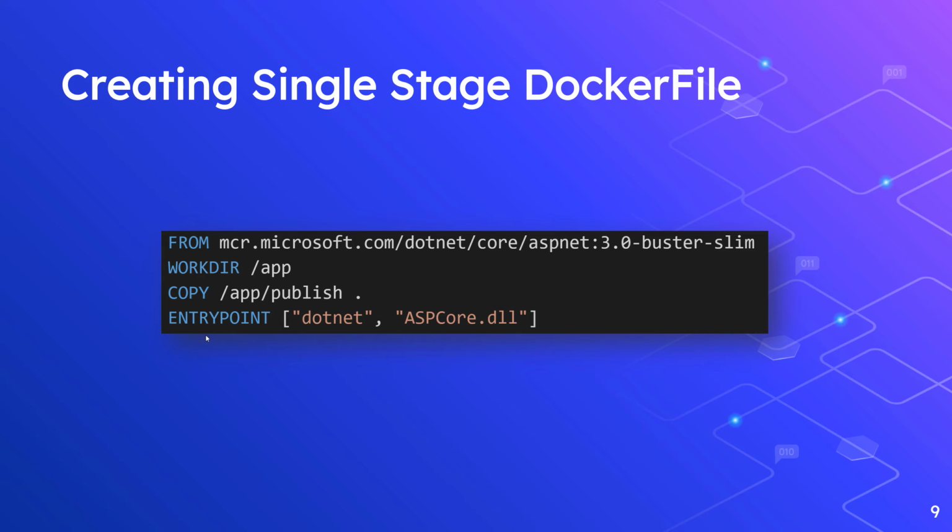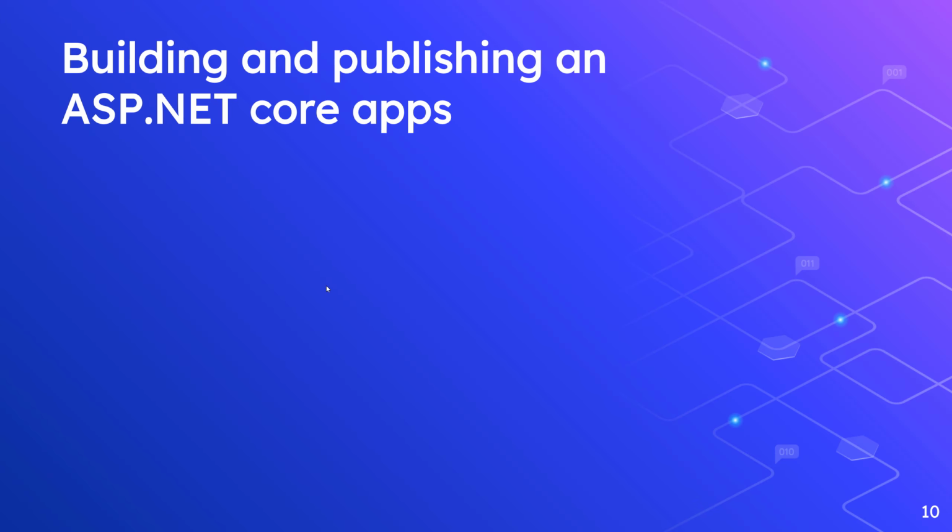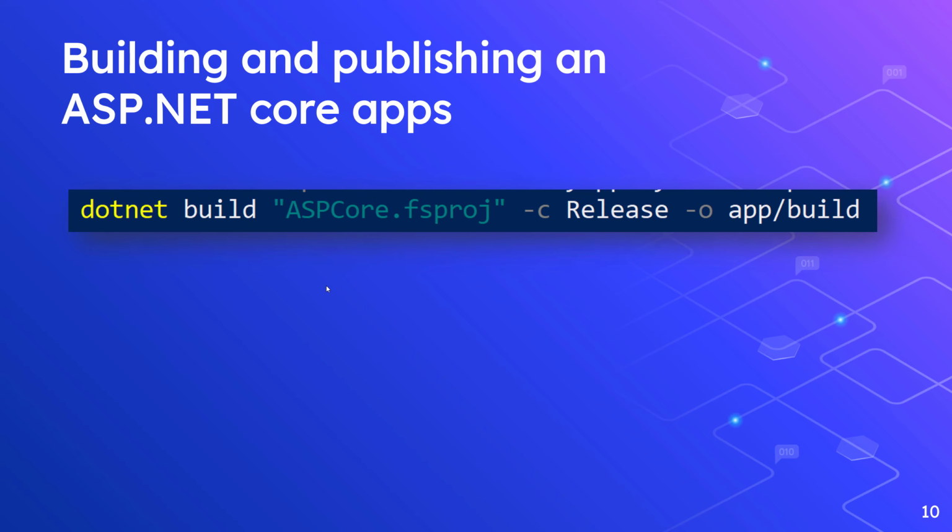And in the meantime, as you can see, we are doing a copy of the publish files. Basically, we are going to be building and publishing an ASP.NET Core app using commands something like this. As you can see, dotnet build ASP.core.fsproj -c release -o the path where I'm going to build the application.